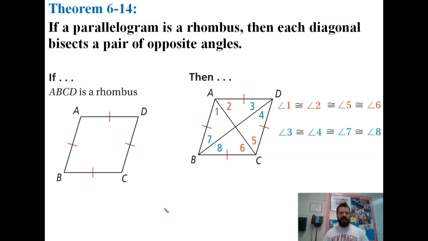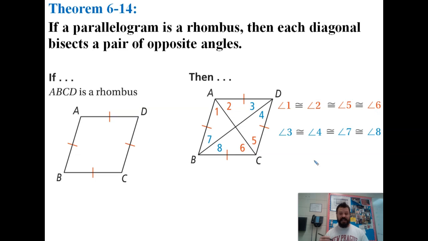The other theorem about the diagonals is that if a parallelogram is a rhombus, then each diagonal bisects a pair of opposite angles. So again, if we have a rhombus, a parallelogram with four congruent sides, and I draw a diagonal, for example AC, it's going to split angles A and C into four congruent angles. Angles 1, 2, 5, and 6 are all going to be congruent to each other.